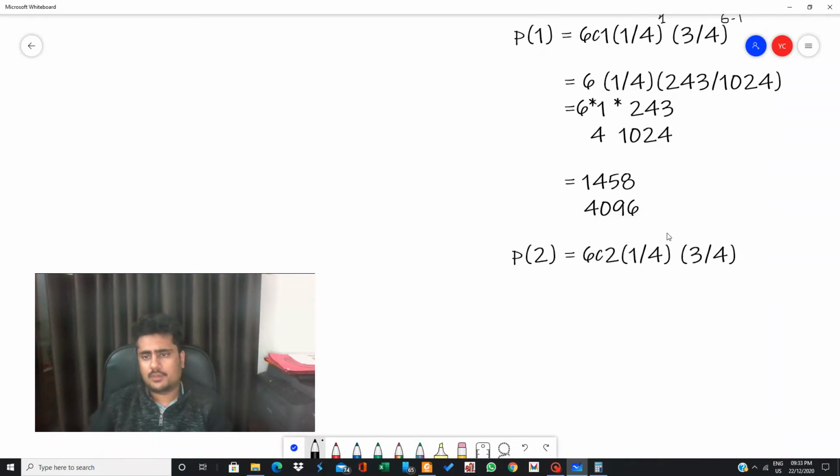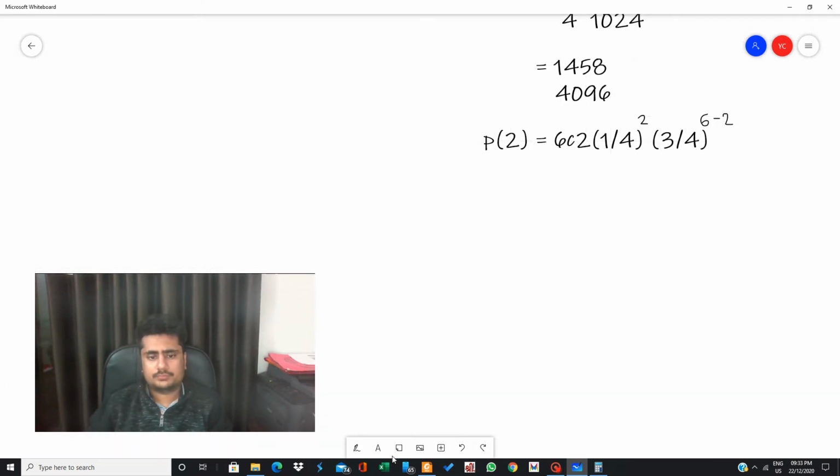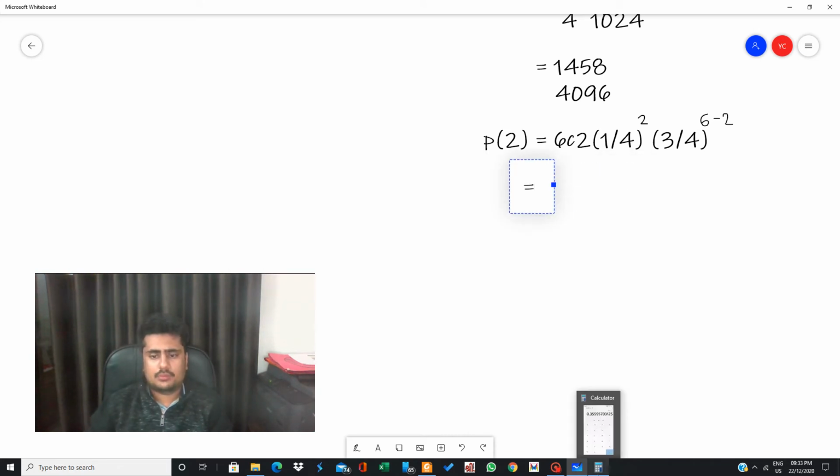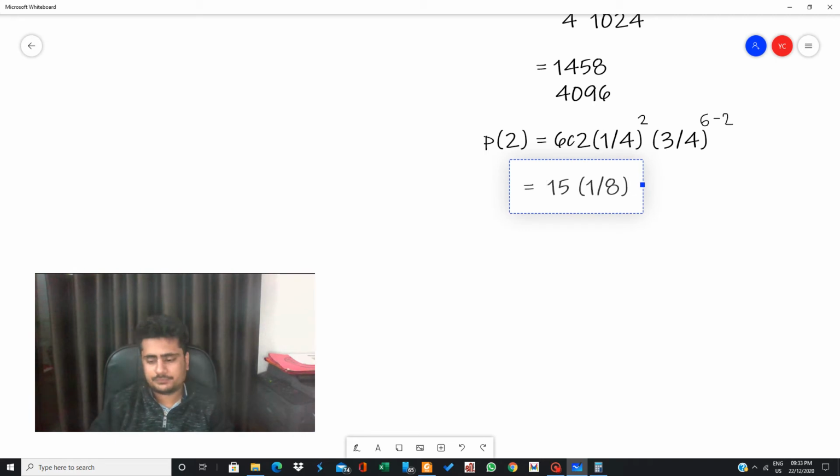So this is 1/4 raised to 2 and this is 3/4 raised to 4. Now this is 6C2. So 6 into 5, 30, upon 2, that is 15.